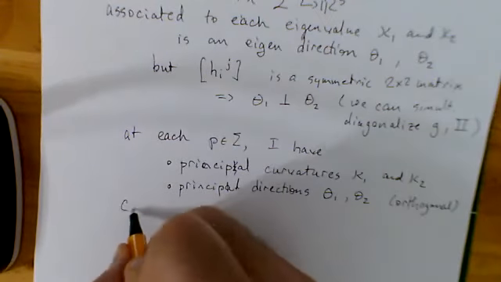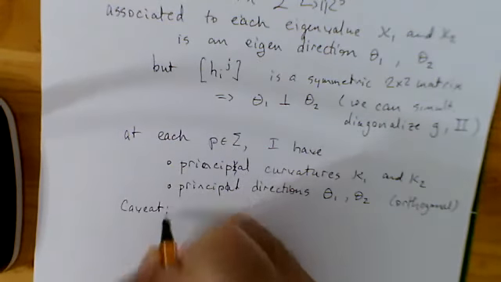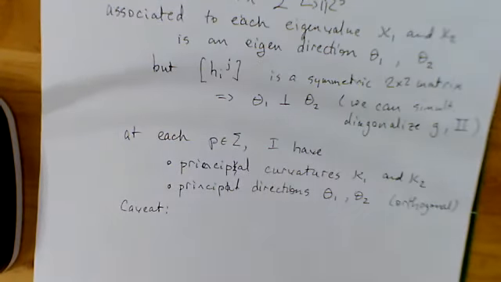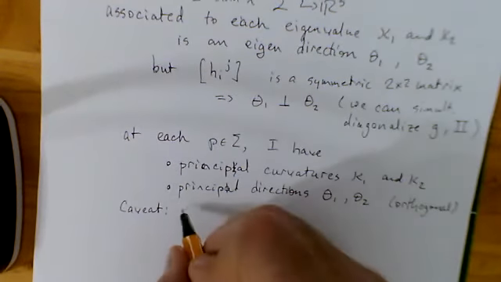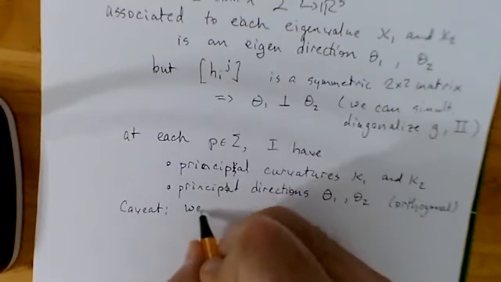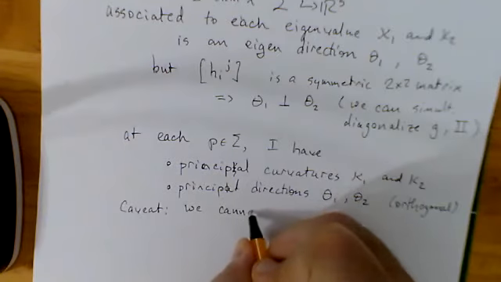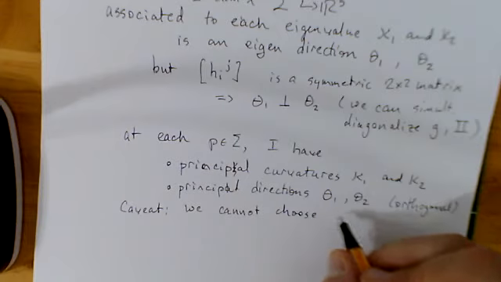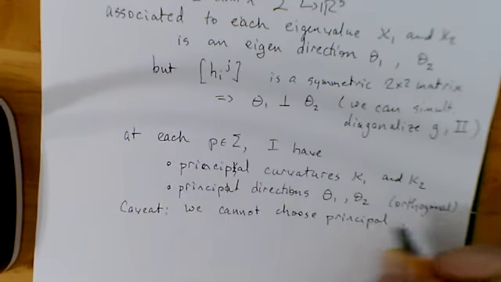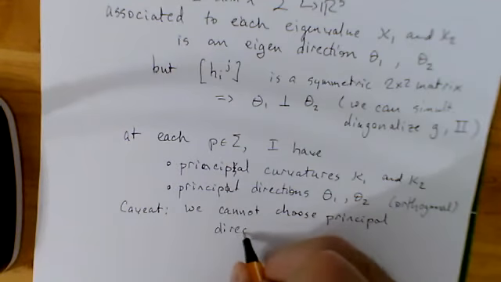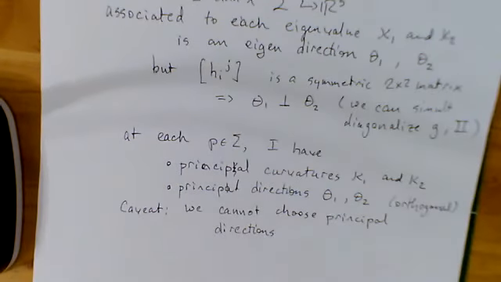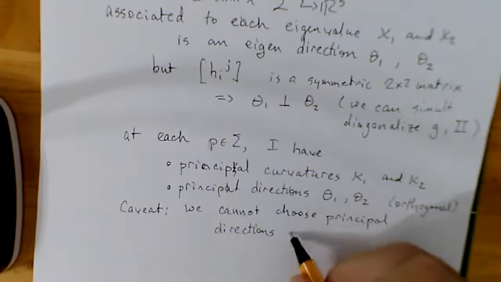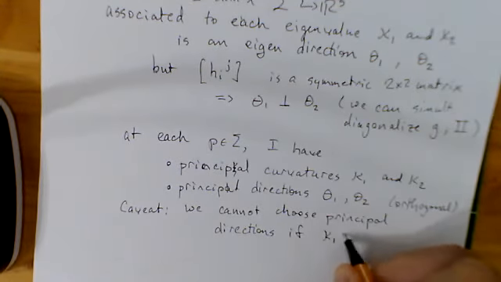Now there's one caveat here to point out, which is that all of this breaks down. We cannot choose principal directions in one case, in the case that the two principal curvatures are equal.